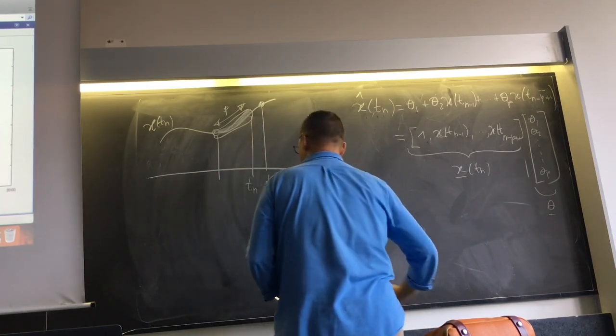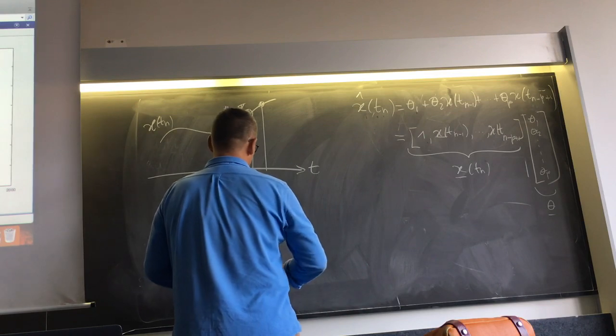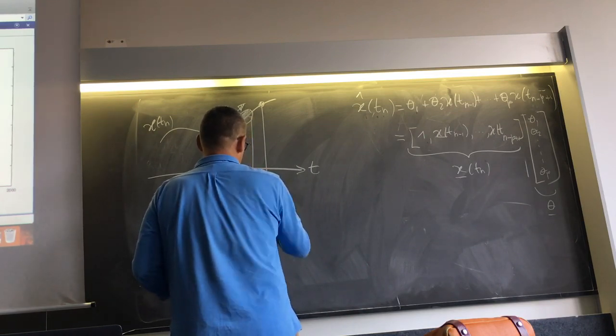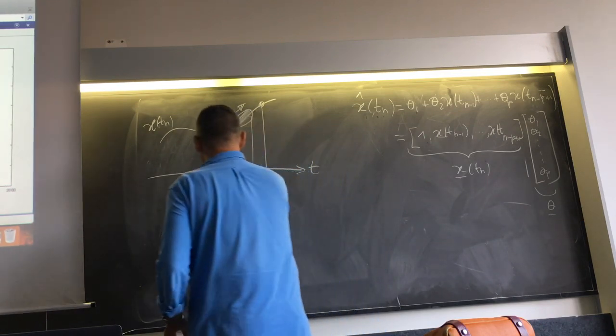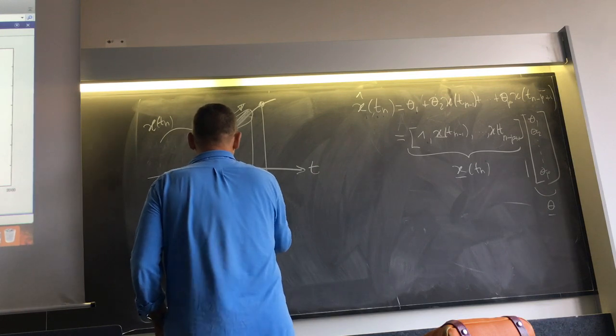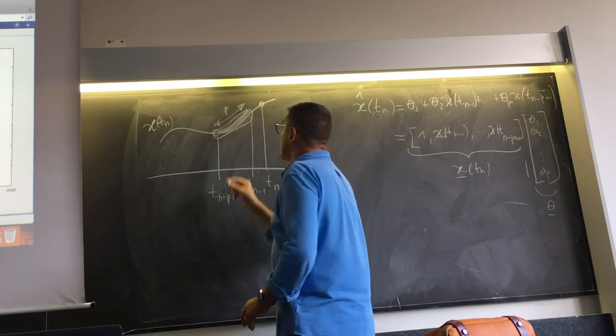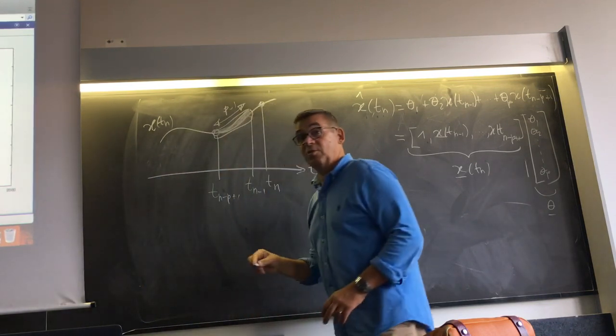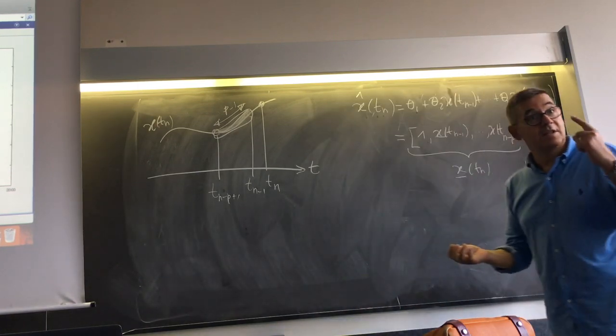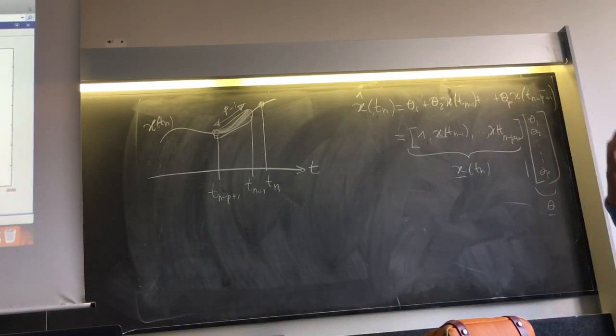That shouldn't be n minus 1. Right, I wrote it down correctly, and this is tn minus p plus 1. In total it is p minus 1, because we need one unknown to model the DC. Theta 1 is the reference.